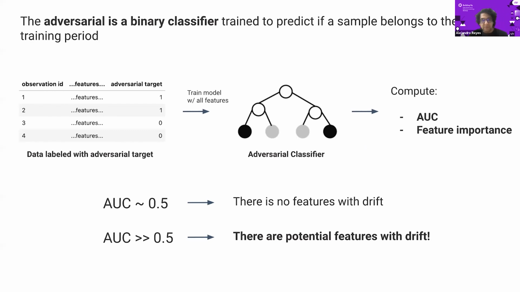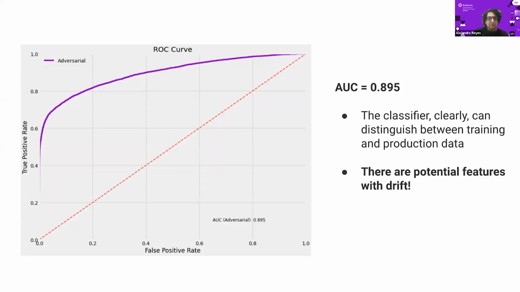For example, if we train the adversarial classifier for our original model, we have this ROC curve and the AUC is near 0.9. So here clearly we have features drifting because our classifier is distinguishing between the training and the production data. But what else can we do?